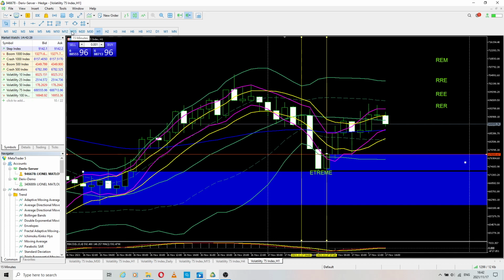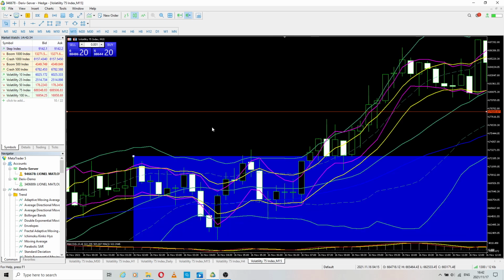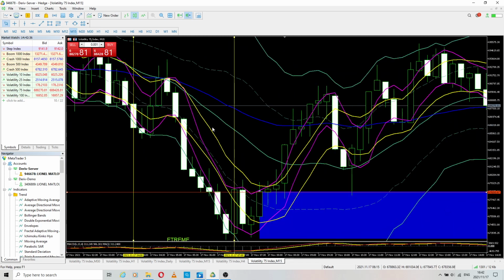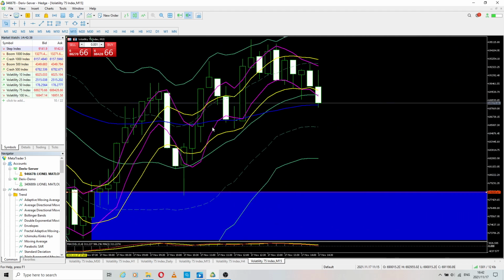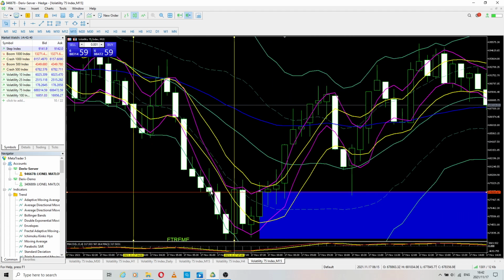When you go to 15 minutes, because it says that that candle is an extreme, you must look at what did 15 minutes give us at that time when that candle closed. So as you can see, what did it give us? Let's see. So we had one, two, three, then four.